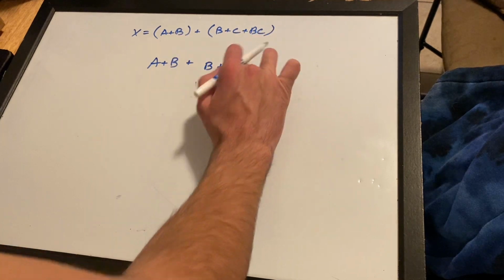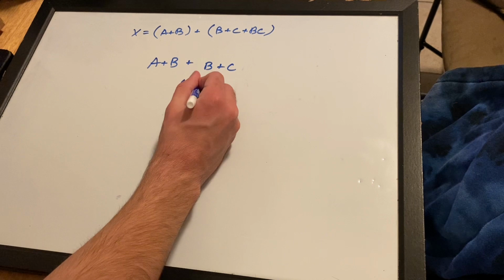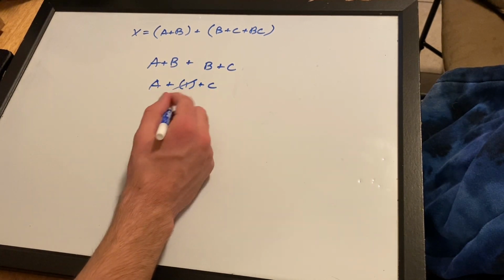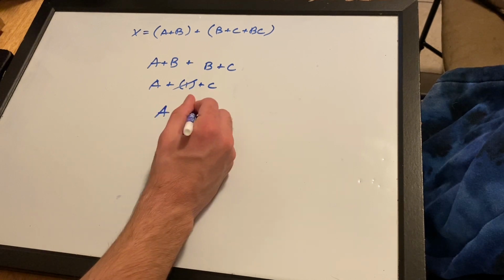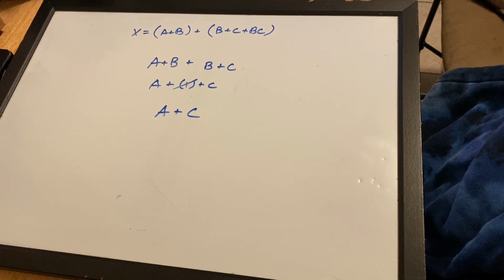We could just go ahead and drop those. B plus B̄ is going to equal 1, and we could just go ahead and negate that. And then we get A plus C. So as you can see, we actually simplify, so then we make our truth tables much easier. We save a ton of pain in the long run from doing this.